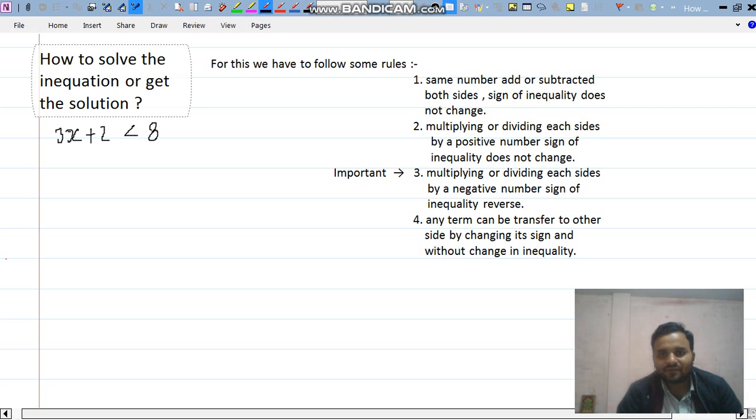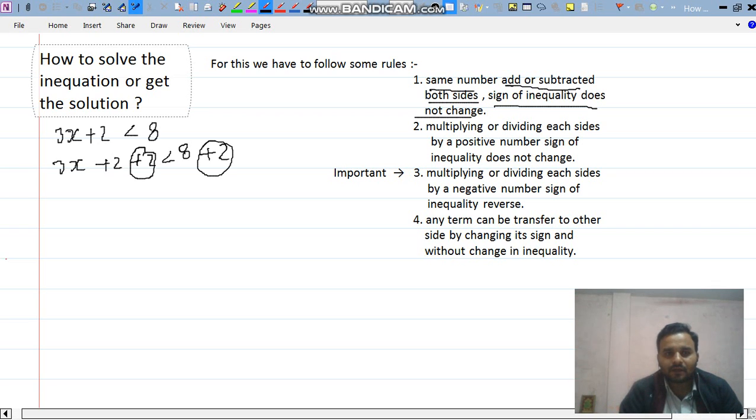The first point says: if the same number is added or subtracted on both sides, the sign of inequality does not change. Suppose you add 2 on both sides, 3x plus 2 plus 2 less than 8 plus 2, then it becomes 3x plus 4 less than 10. So here is no change in the inequality.